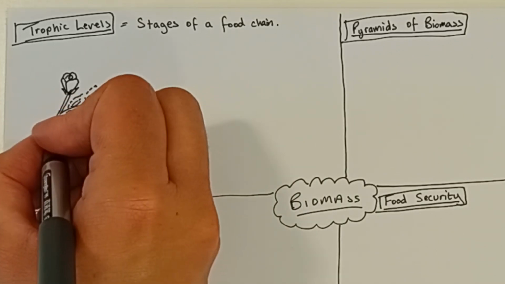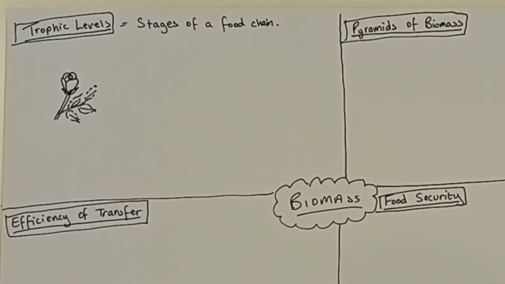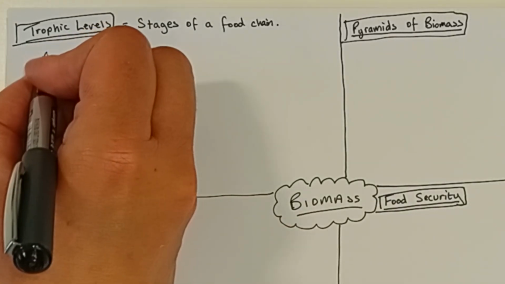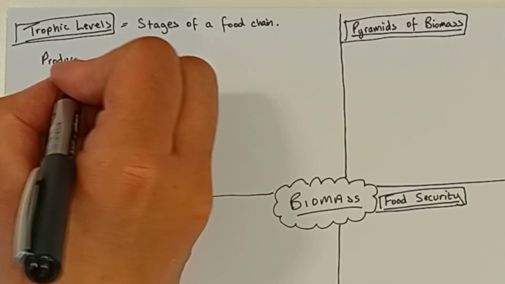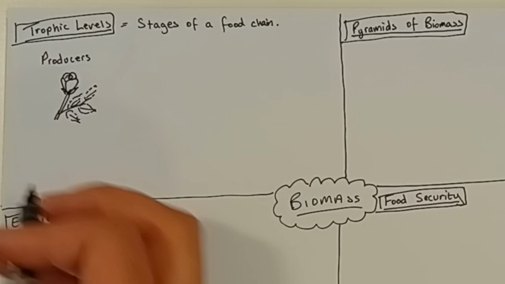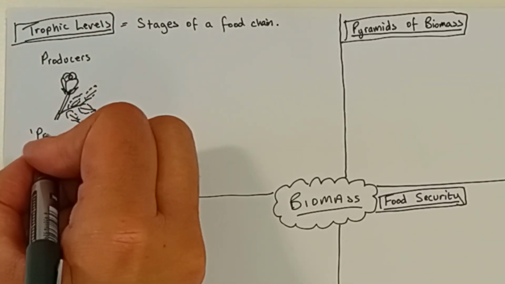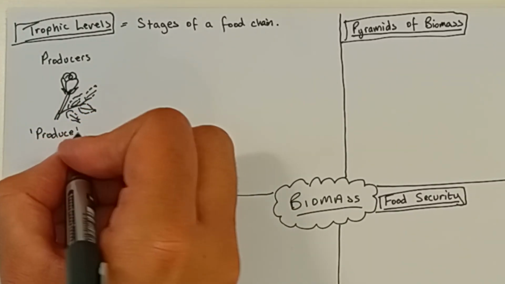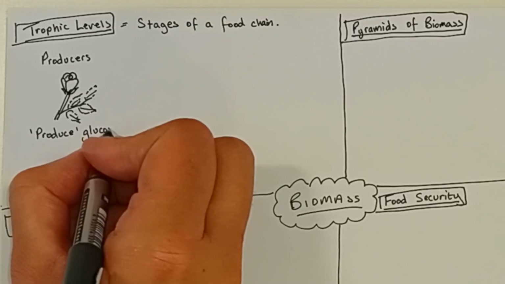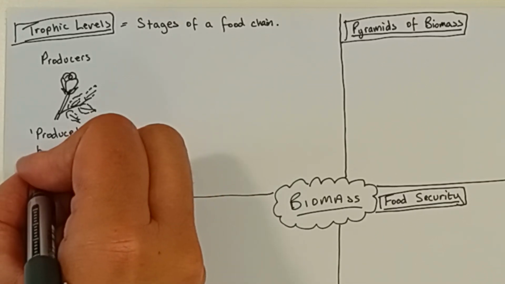Roses are plants, so they can produce their own glucose by photosynthesis. So we call them producers. They can produce glucose, or food, by photosynthesis.